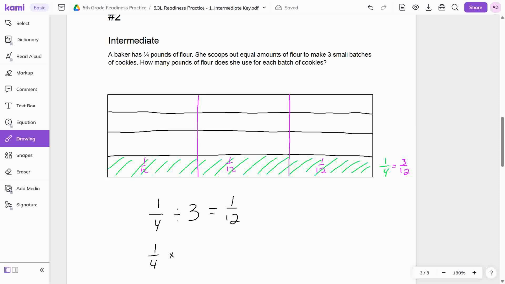And that 3 is really a 3 over 1, so let's flip it upside down, 1 over 3. And when we multiply fractions, we just multiply straight across, numerator, denominator. So we'll say each batch uses 1/12 pound, LB is our abbreviation for pound, of flour.